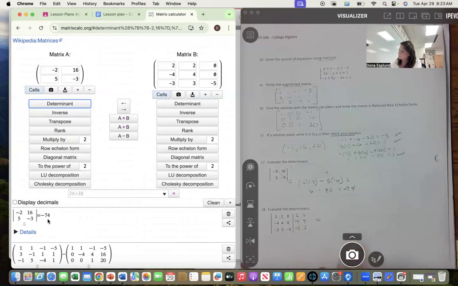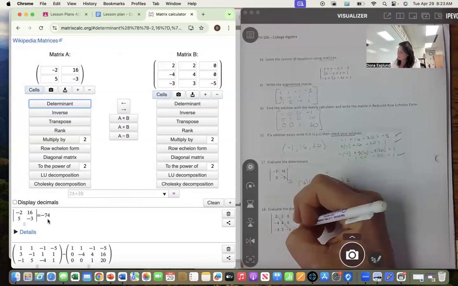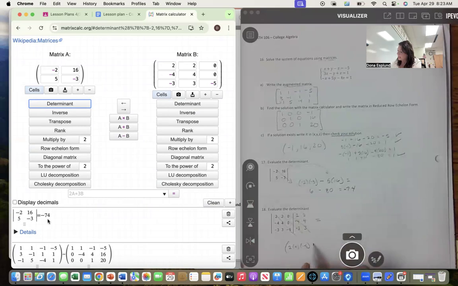So in this case, I'm going to do the same basic thing, but then I've got 3 different rows. So I'm going to end up going down, and these are going to give me 3 different amounts. I'm going to start off with 2 times 4 times -5. I'm going to add my next one, which is 2 times 0.